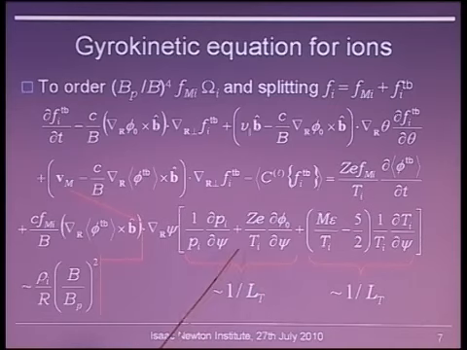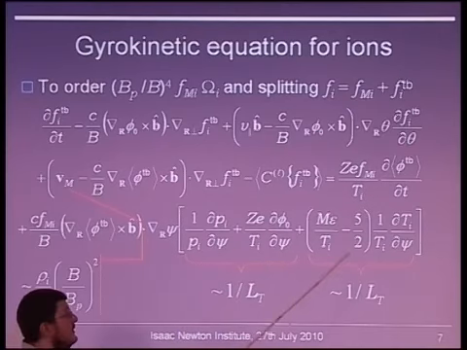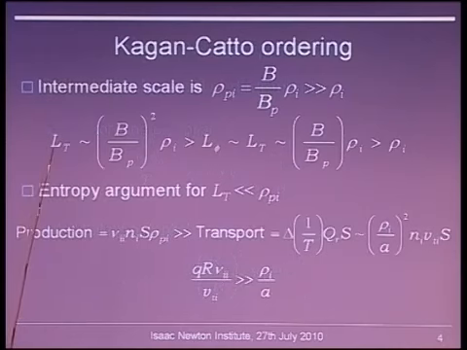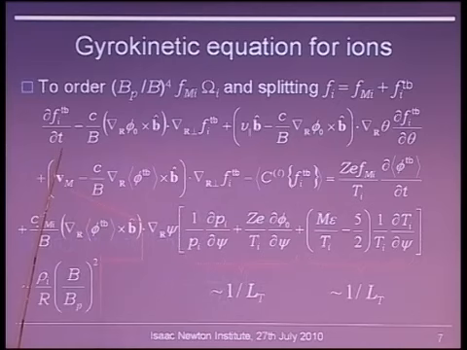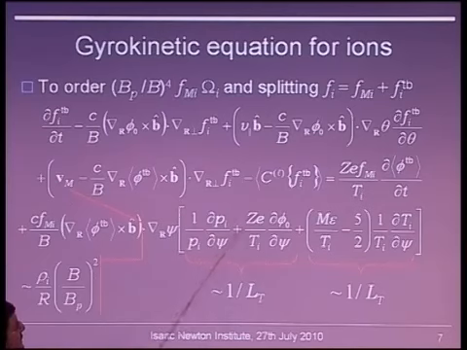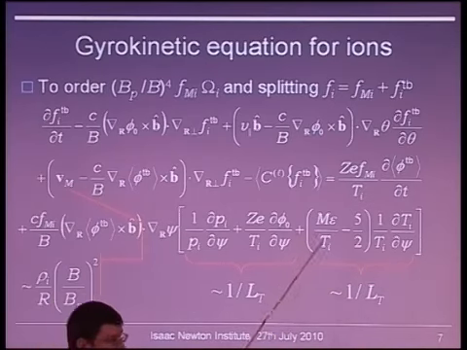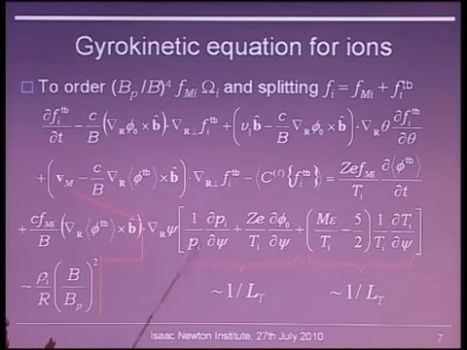So in principle, this here should be bigger than this term by a factor of B over B poloidal. That's what this kind of ordering tells you, that the term I was pointing out, this one, should be bigger. However, because we are in low flow, these two terms cancel to first order, and then they become small and comparable to this other term. So now we have an equation where almost all the terms are the same order.